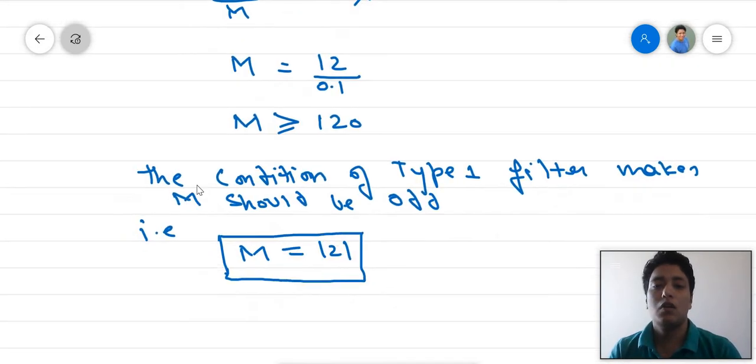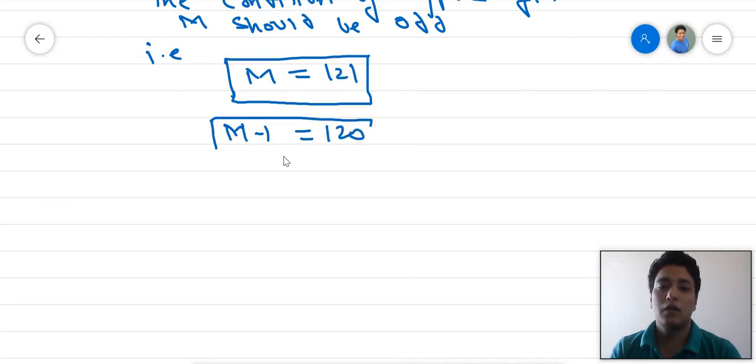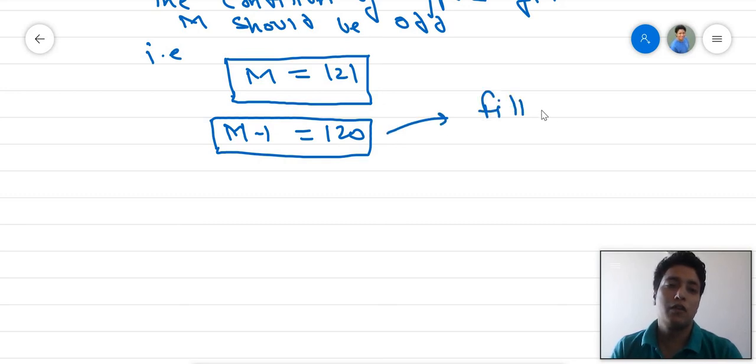Now we have found the filter length, and the order is M minus 1, which is equal to 120. This is the filter order. Filter order is given as M minus 1.